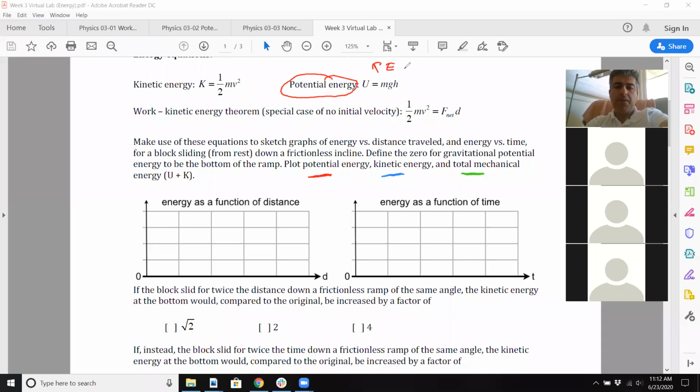So PE. And we can think of our H like distance, because that's actually the distance we're going to travel.